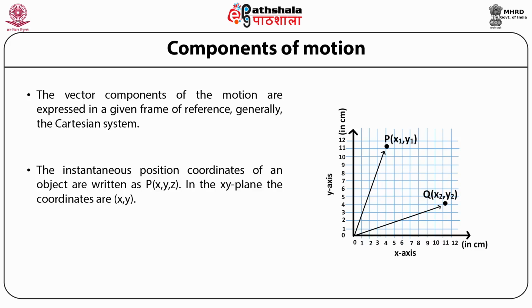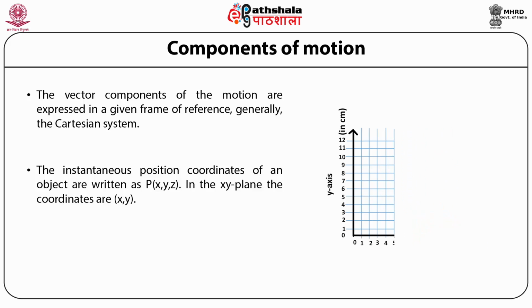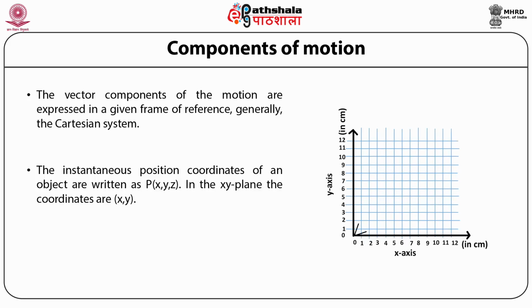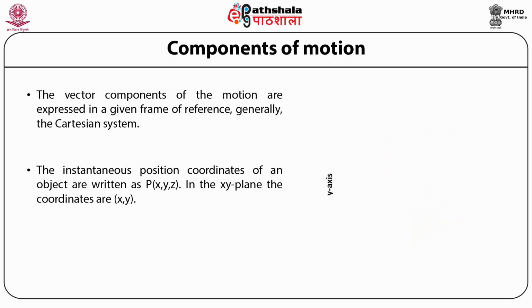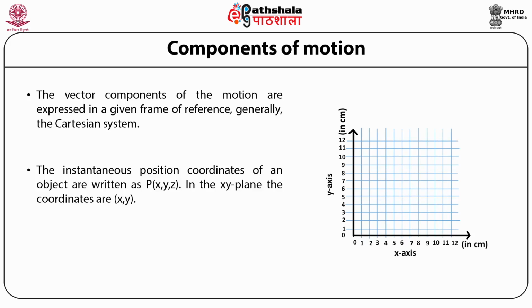So the position vectors from the origin are shown by the arrows. The coordinates of the first position P are simply x1, y1, and similarly the position coordinates for the second place, which is represented by point Q, are simply x2, y2.